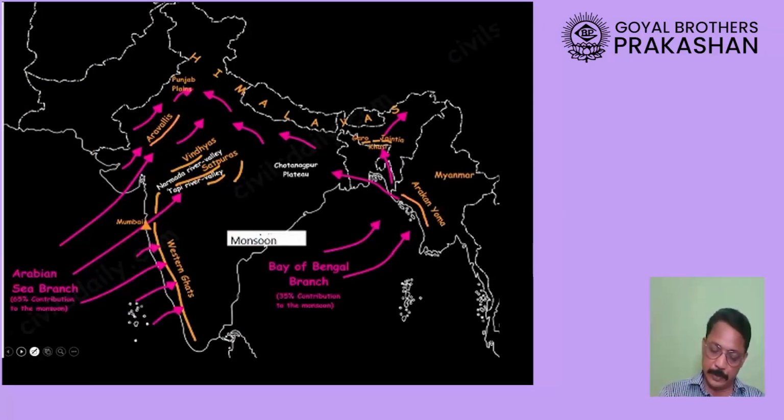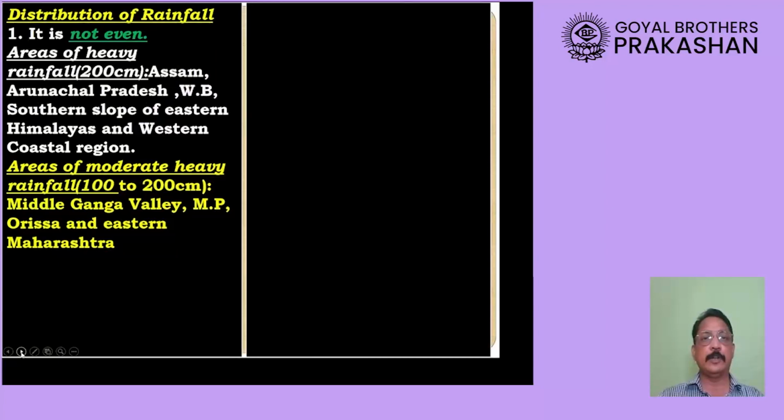Okay, so as you can see here, you are correct, these are southwest monsoon winds blowing over Arabian Sea, whereas these are the southwest monsoon winds blowing over Bay of Bengal, and they will merge here in north central part of India.